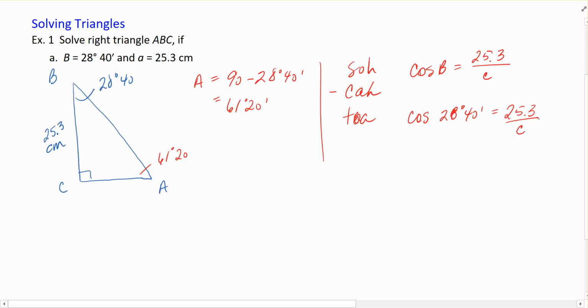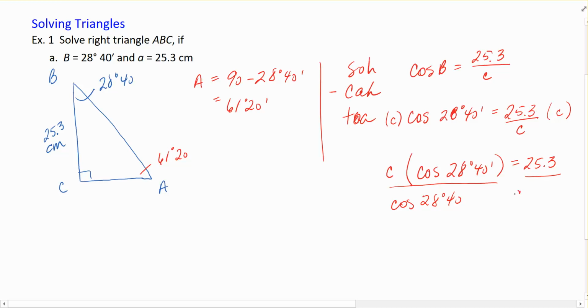So I'm going to multiply both sides by C, and what I end up with is C times the cosine of 28 degrees 40 minutes has to be equal to 25.3. Now I'm trying to get the variable C by itself, so I'm going to divide both sides by the cosine of 28 degrees 40 minutes.